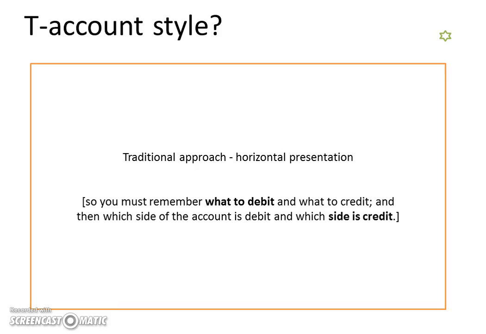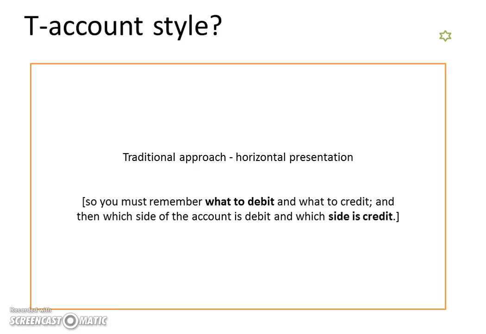So remember, in this method, you must remember what to debit and what to credit. And then you have to remember which side is the one where you're going to record your debits and the side where you're going to record your credits. All right, so as a quick refresher, we know that assets, when they increase, are debited, and when they decrease, they're credited.